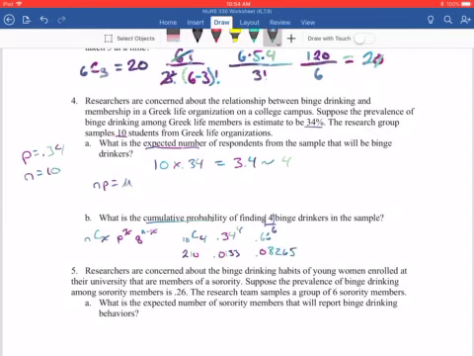When you multiply all this out, it equals 0.23084. So I know some of you are thinking, well, that's the probability of 4.